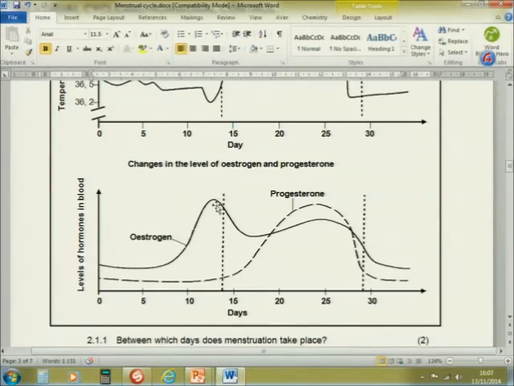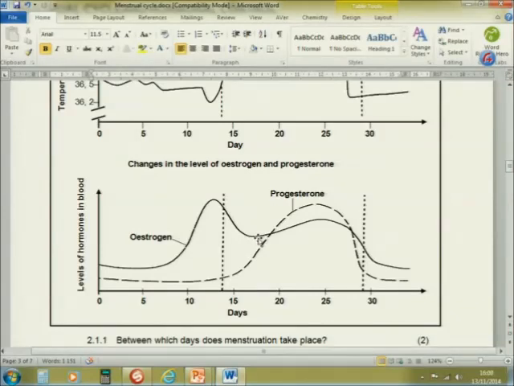What causes the decrease in estrogen immediately after day 14 is that the egg, the ovum, has been released, ovulation has taken place, and the Graafian follicle has ruptured, so there is a decrease in the amount of estrogen. But it doesn't level off.